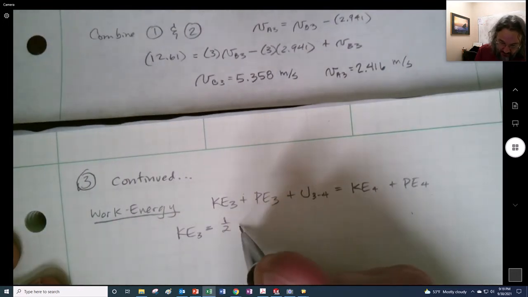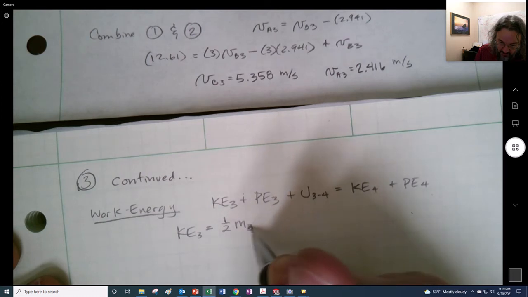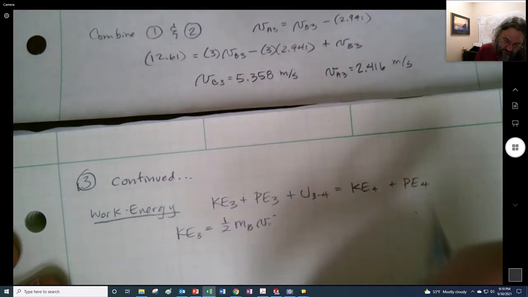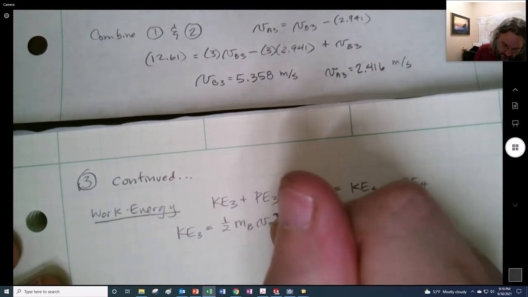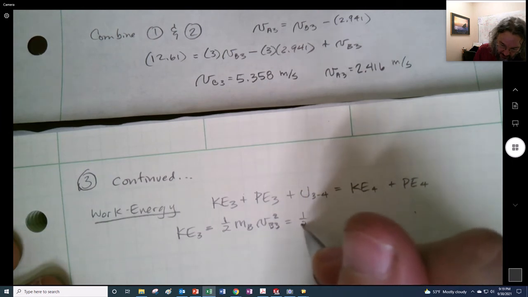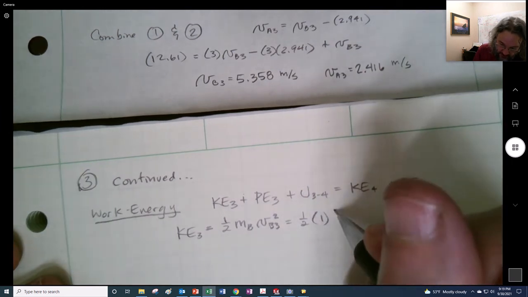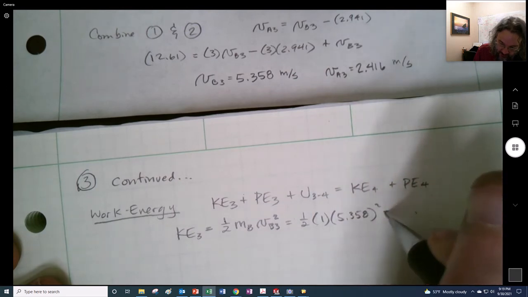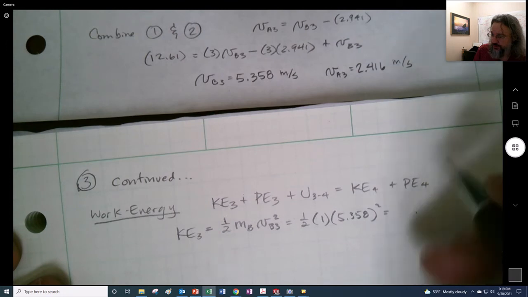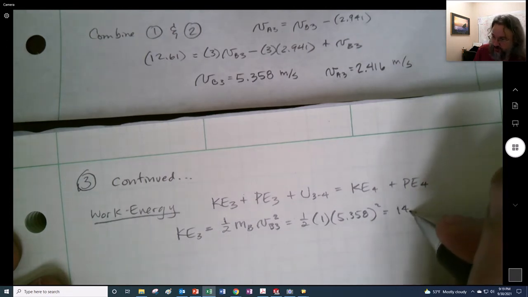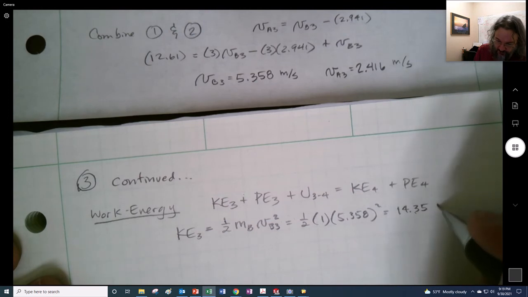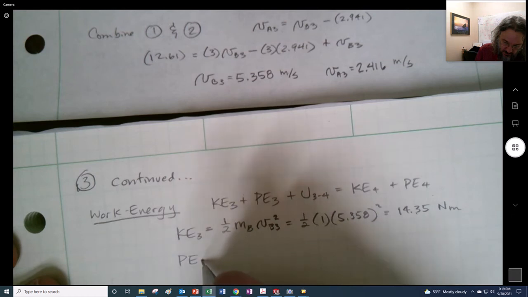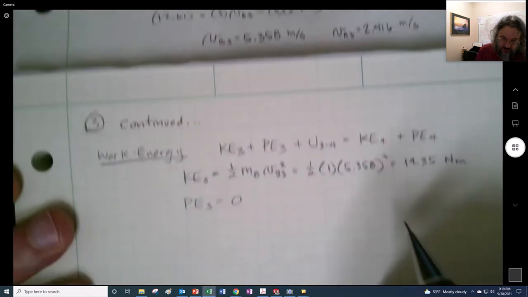So it's 1/2 mB VB3 squared. That's 1/2 times 1 kilogram times 5.358 squared. So we find KE3 is 14.35 newton meters, aka joules too. The potential energy at 3 is 0. We're going to treat that as the datum.